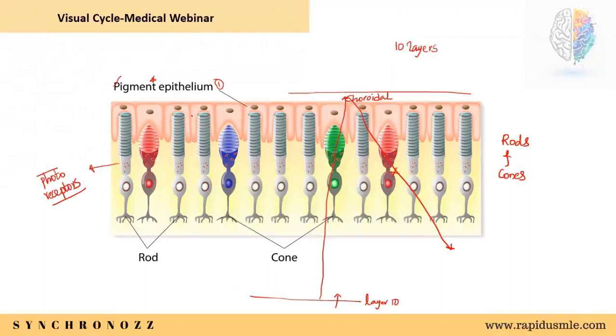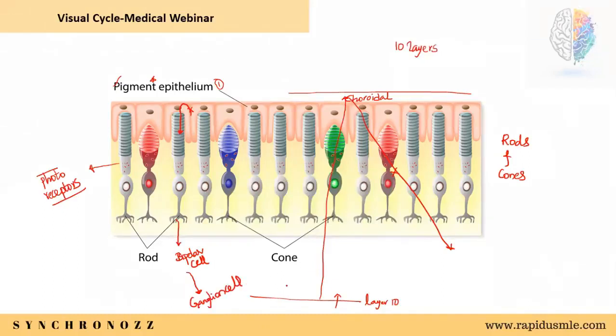After the light hits the retinal pigment epithelium, the rods and cones get activated. After activation of rods and cones, the signal from rods and cones, through the action potential, reaches a layer known as the bipolar cell layer. From the bipolar cells, the signal is transmitted to the ganglion cell layer.